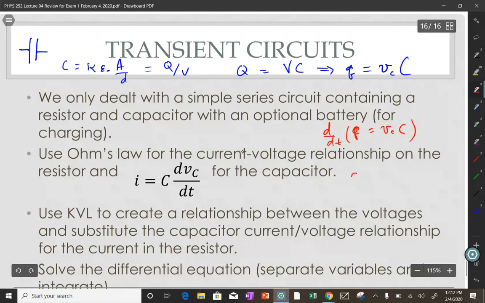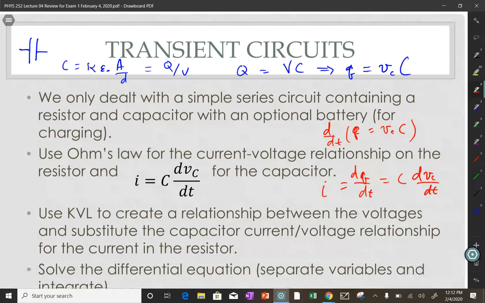So that's just equal to dq dt on the left side equals C dvc dt on the right side. But the definition of dq dt is current. So we have a relationship between current and a capacitor and the rate at which the voltage across the capacitor is changing. Okay. And that was really straightforward.